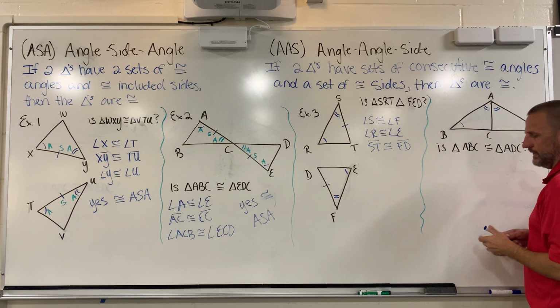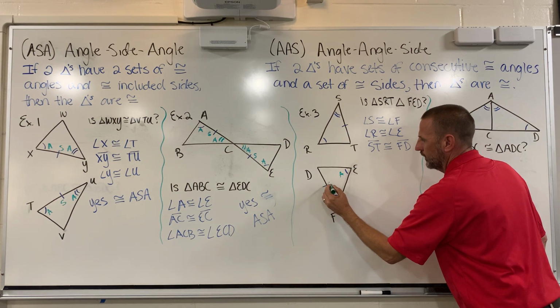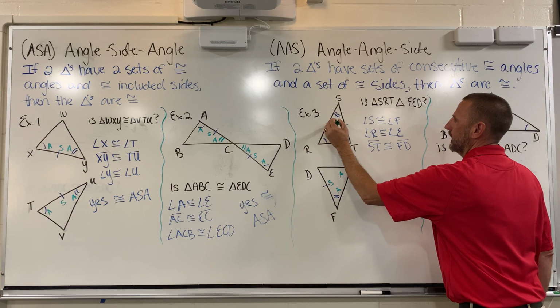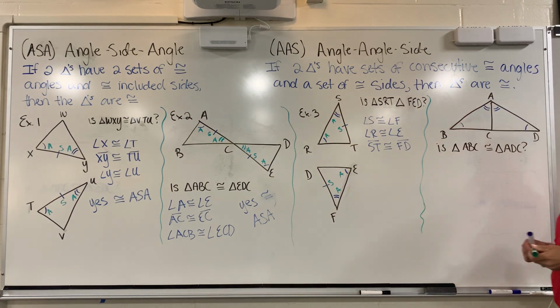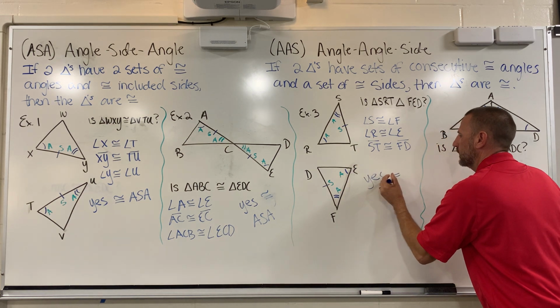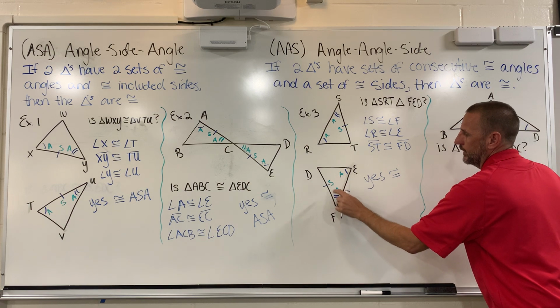So when I write all that down, and if I do that little label there, I've got an angle, angle, and a side. AAS, angle angle side. So it looks like they're congruent. So I'm going to say yes, congruent, and it's going to be called the angle angle side.